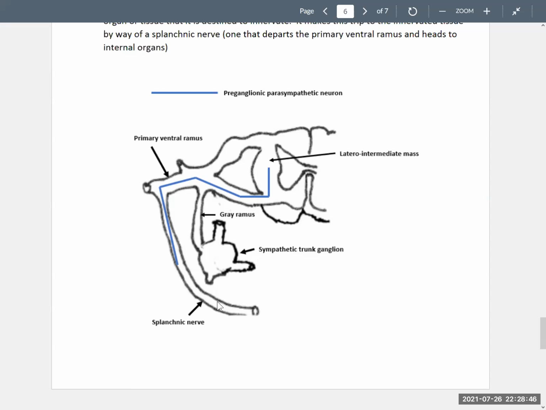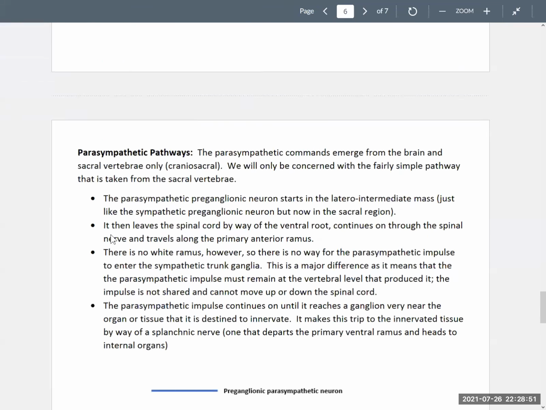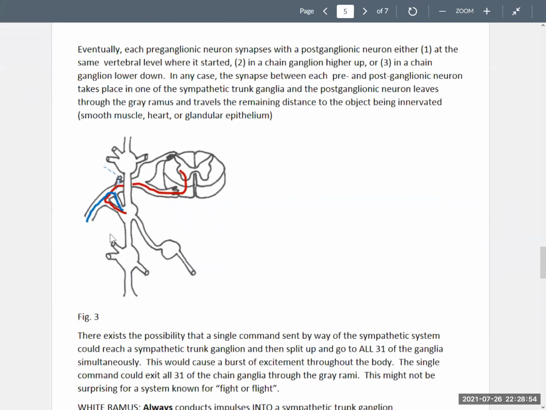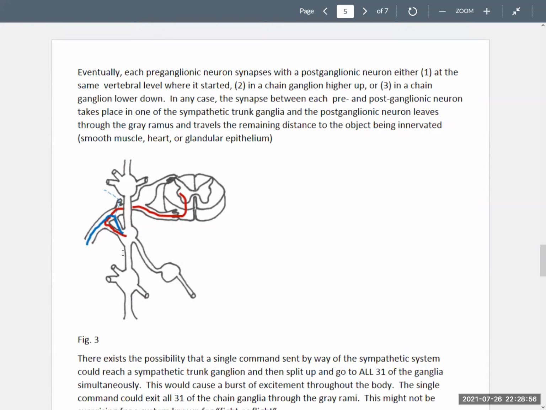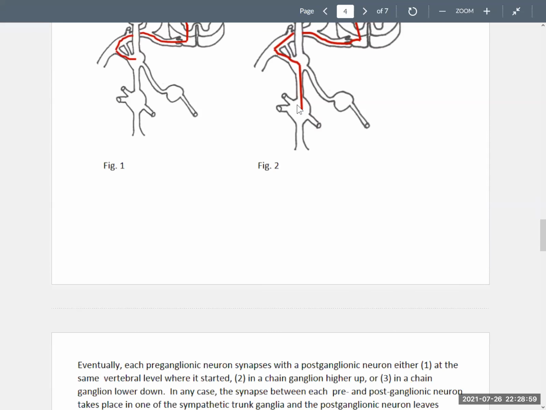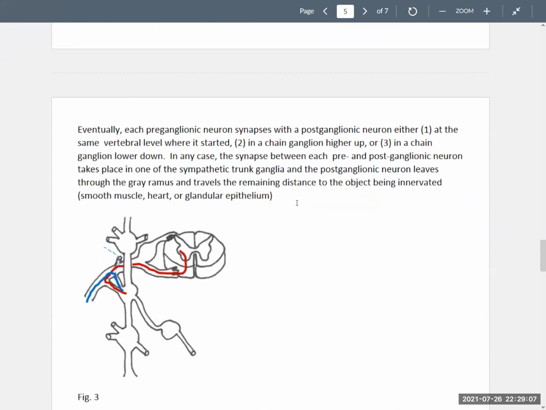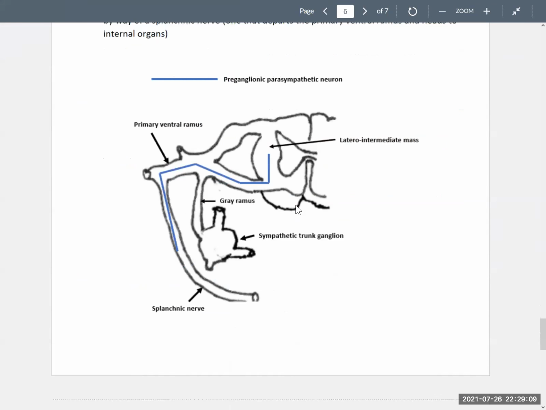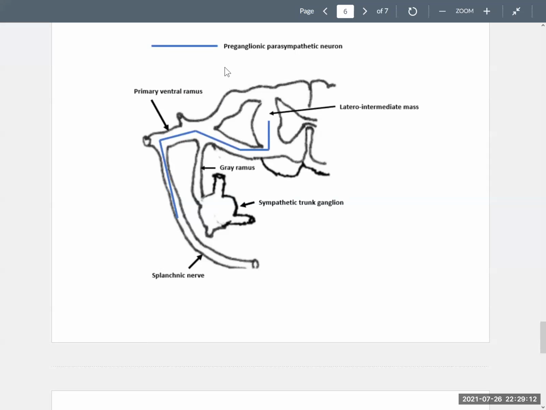The sympathetic nervous system can get its preganglionic neuron all the way down here and farther and farther. And then it would synapse with the postganglionic neuron. But in moving downward like that, here it comes downward and enters this sympathetic trunk ganglion that I've drawn here from above.